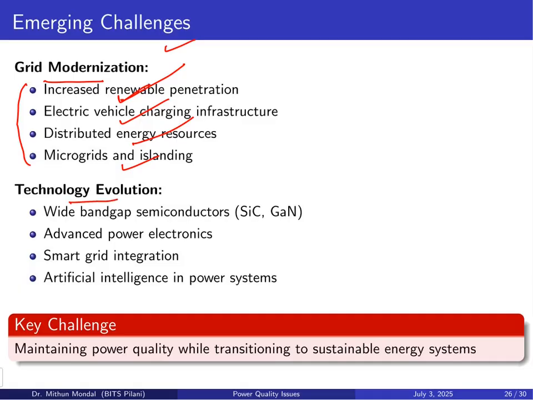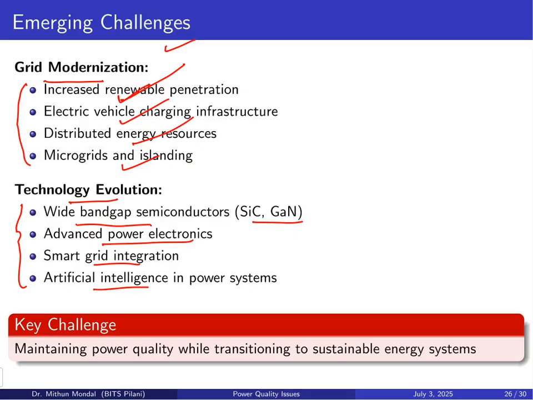Some of the technological evolutions in the modern era are wide bandgap semiconductors, whether silicon carbide or gallium nitride, advanced power electronic devices, smart grid integration, and artificial intelligence incorporated in the power system. So these are the technological evolutions.